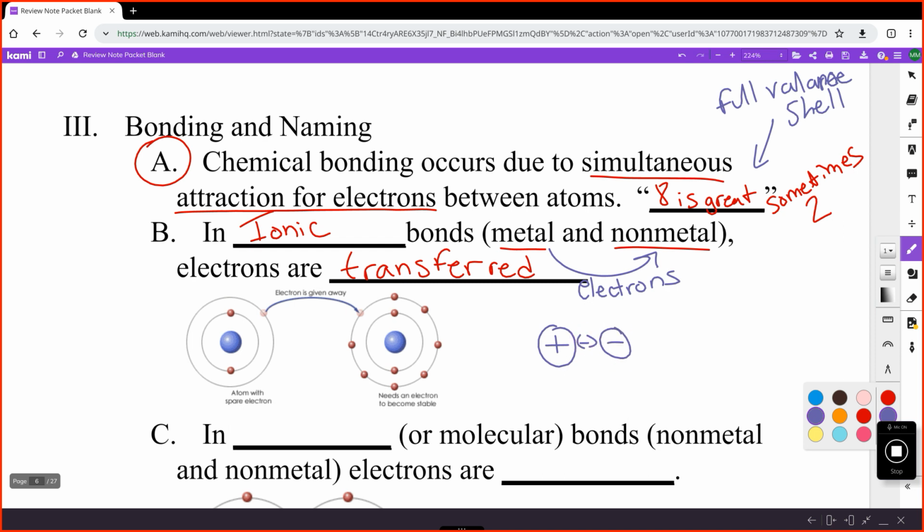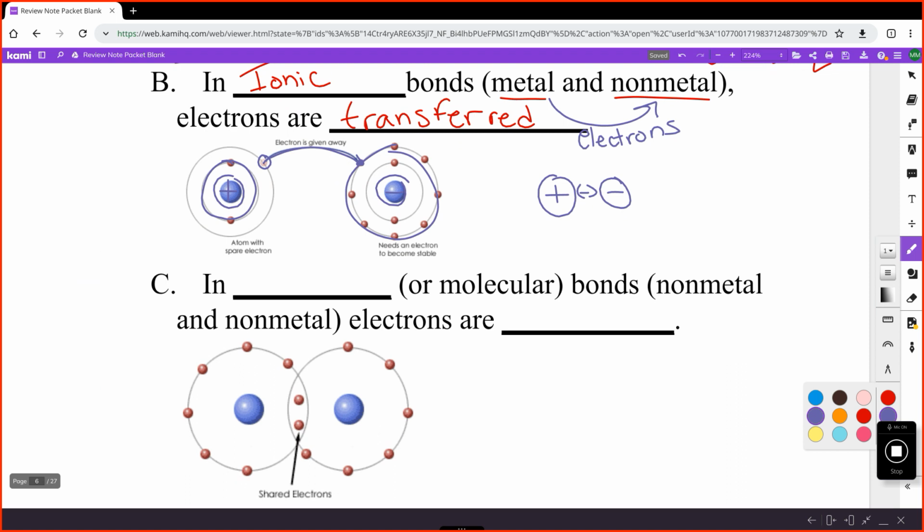This is what we call an ionic bond. You can see it right here in this picture. This one electron transfers to this one, completes a full octet, completes an inner smaller octet, and now this positive and this negative are attracted. So that's the first type of main bond.